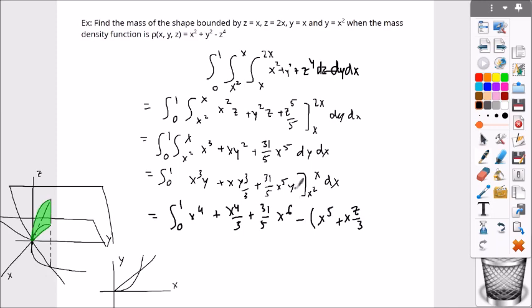And then if you put x squared right here, you will get plus x to the 7th over 3, and then plus 31 over 5 x to the 7th, dx.